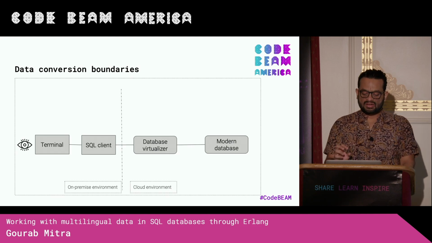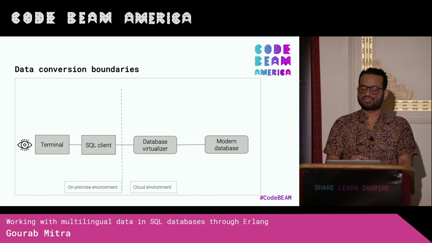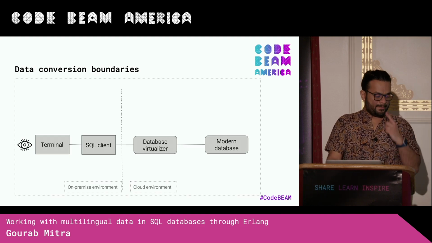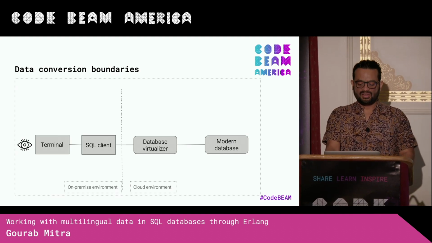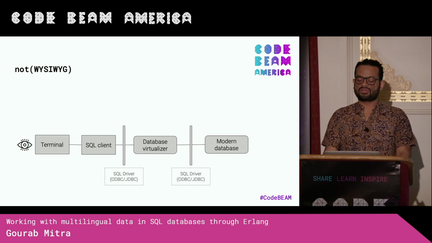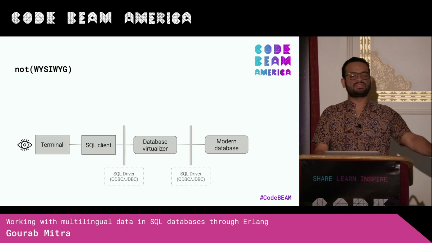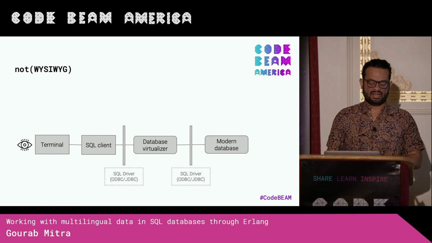The SQL client is often running in a terminal application, and terminal is the source of truth. And then there is the human eye looking at the terminal. And I stress upon the terminal being the source of the truth here because sometimes in this setup, what you see is not actually what you get.